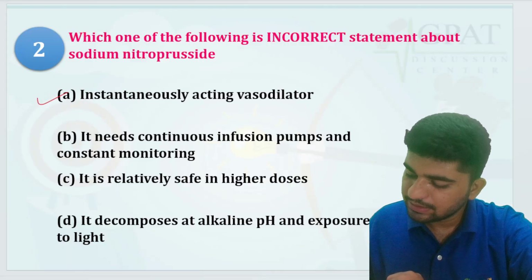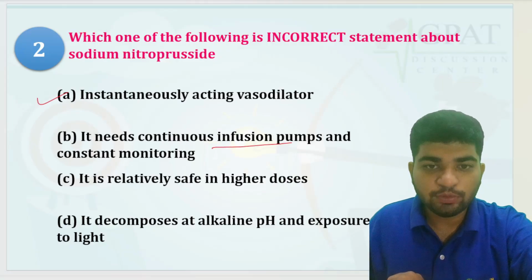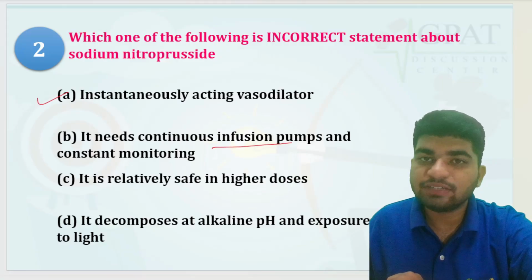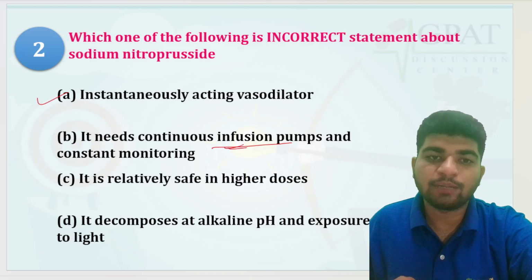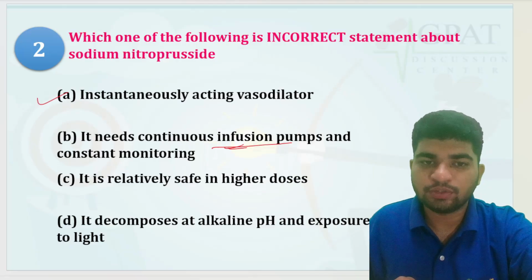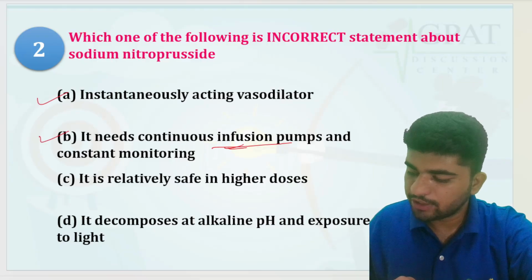Second, it needs continuous infusion pumps. Yes, it is given by the IV route only, through an infusion pump, and needs constant monitoring because sodium nitroprusside may cause cyanide poisoning. So this one is also right.